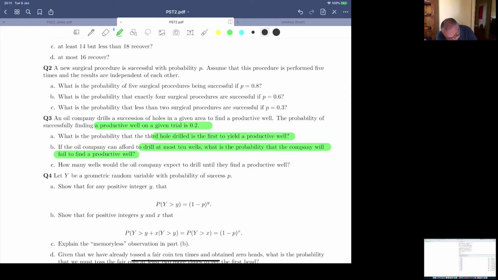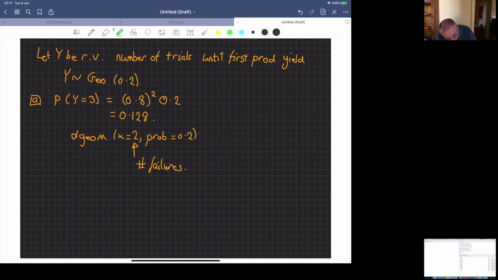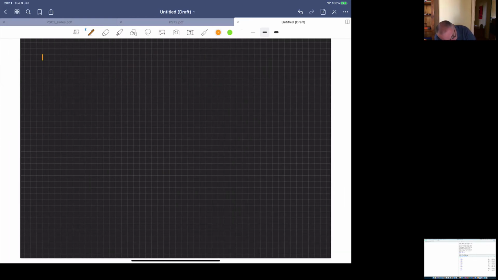Okay, so let's think about what we've got with our calculation. So B, let's get a new sheet. For B, we want the probability that Y is greater than 10. That is, we don't know when the success is, but it wasn't in the first 10 trials.